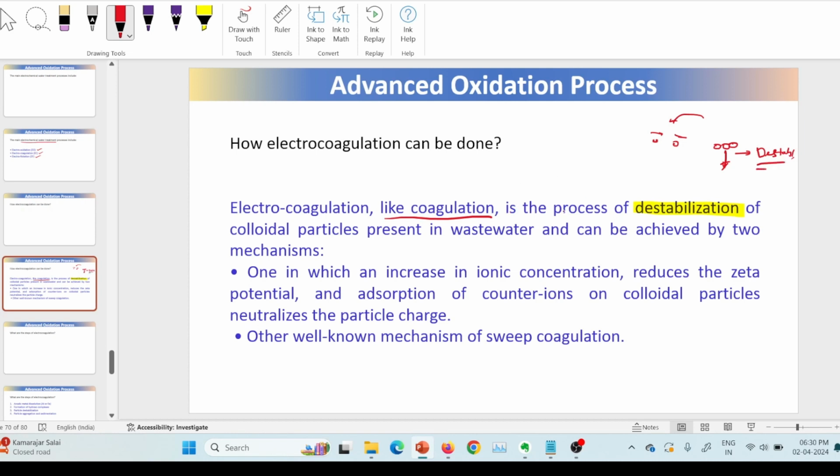It is the process of destabilization of colloid particles present in wastewater and can be achieved by two mechanisms.